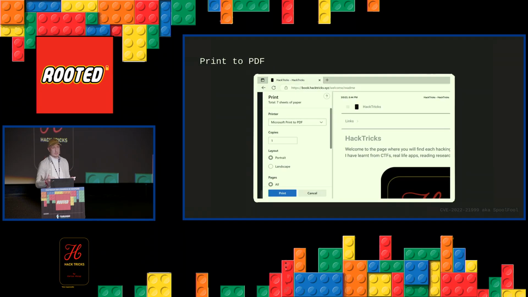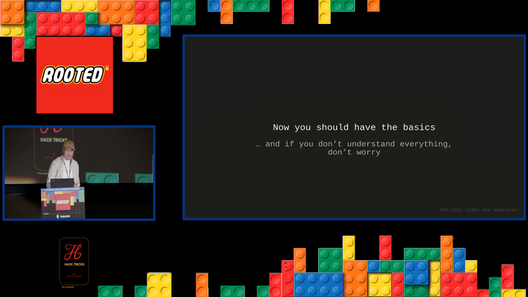It is not a physical printer, but it is what allows you to go onto a website and right-click and print, save it to a PDF. So it is just to show that the print spooler service is running and enabled on all machines, unless you disable it. So you should be able to understand the basics, but if you don't understand all the technical details, it will also be fine.